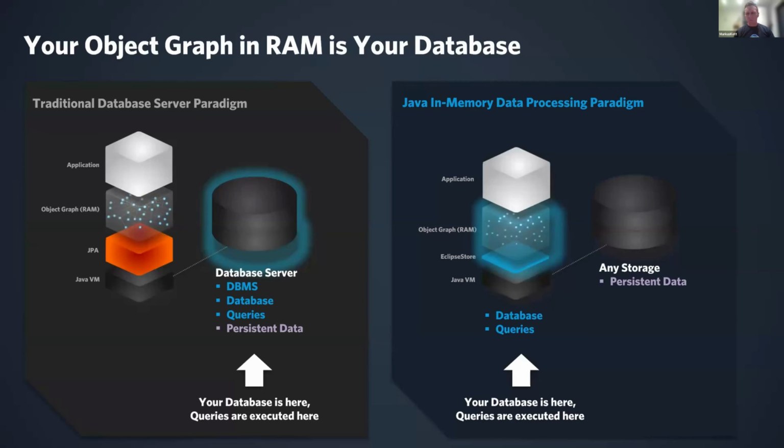With EclipseStore on the right, we can see now your database is located in the same JVM process as your application is, and you search and filter, so your queries are executed within your application, embedded.